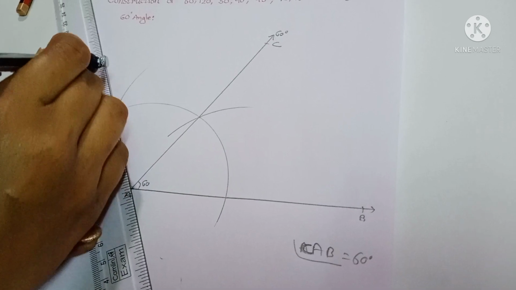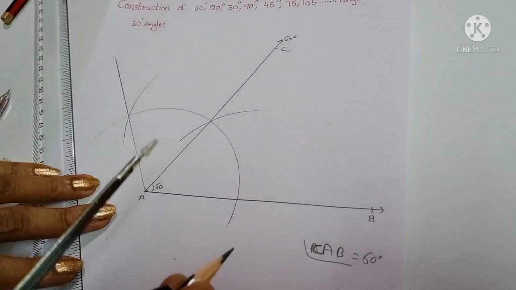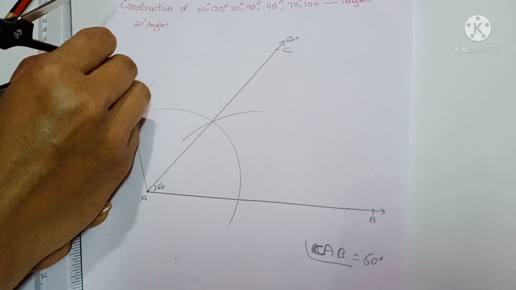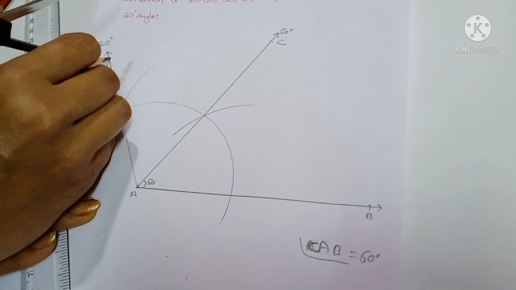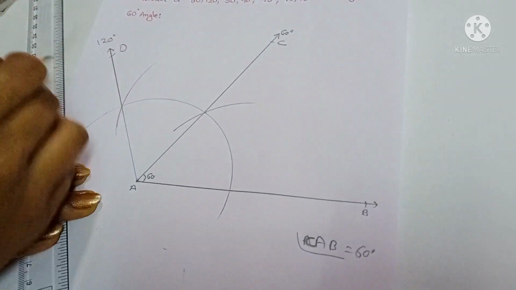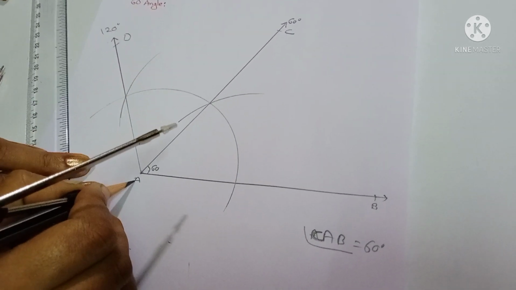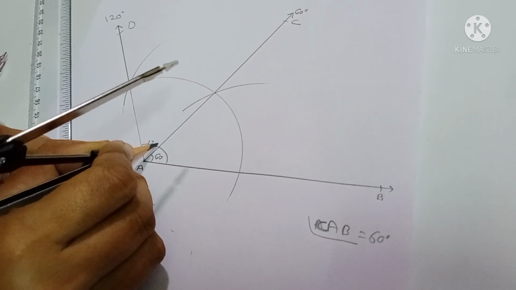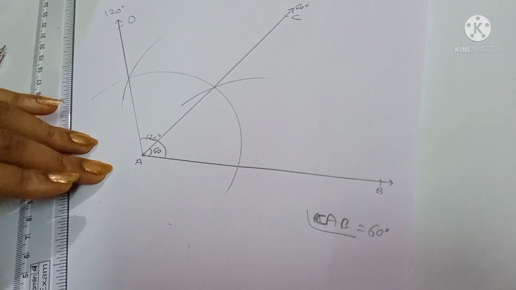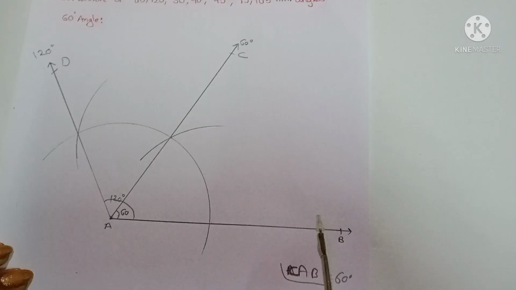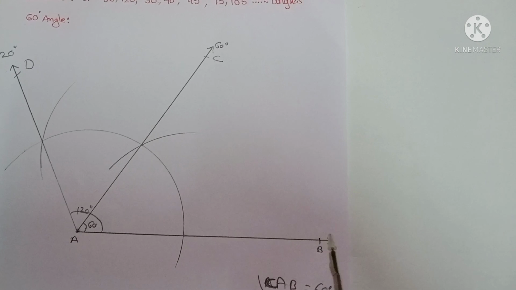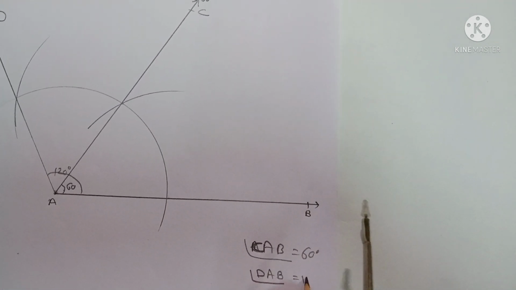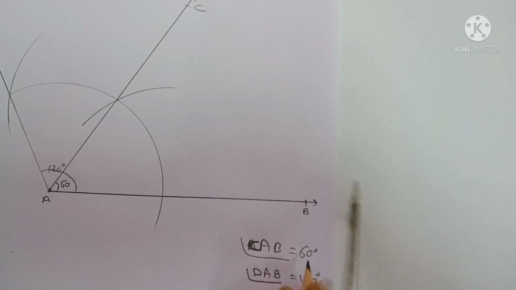We will get 120 degrees. Mark D. So this angle is 120 degrees. Angle DAB is equal to 120 degrees.